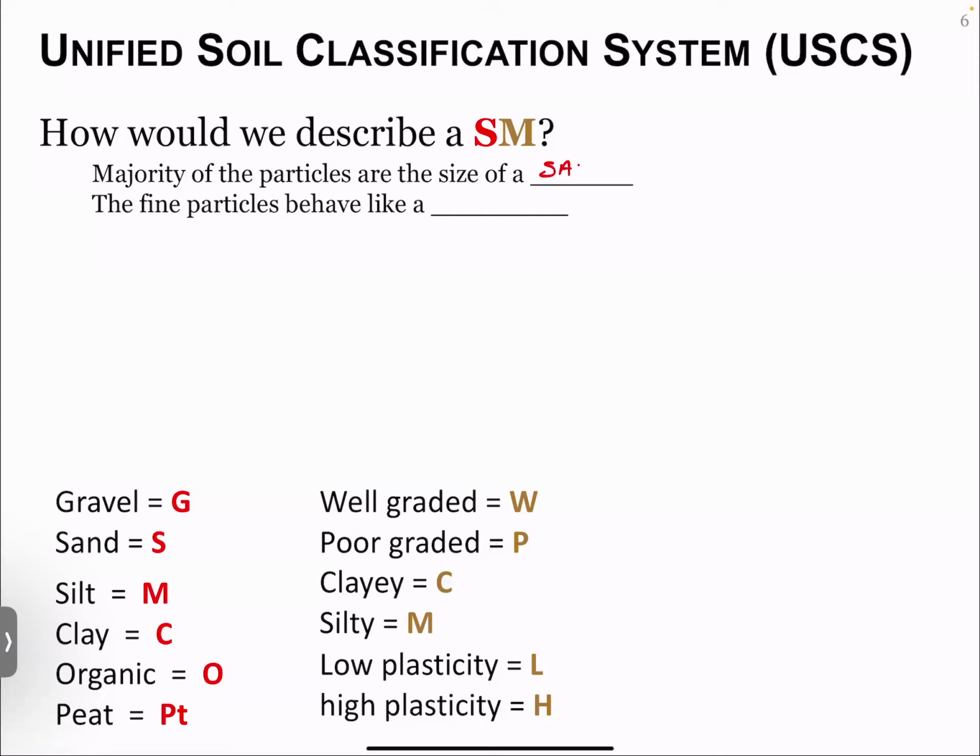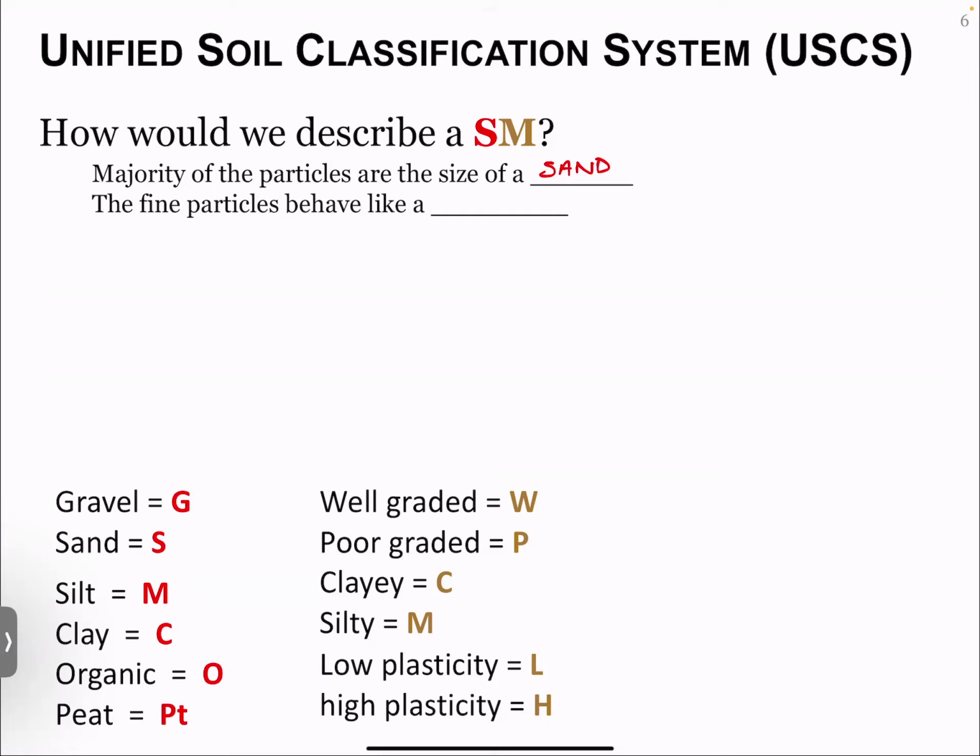The majority of the particles will be sand-sized, which is between the number 4 and the number 200 sieve. The majority means 50% or greater. So the majority is always the first letter? Yes, the majority is always the first letter, 50% or greater. But it's important to remember it's just the majority, so there can still be gravel, there can still be clay in it.